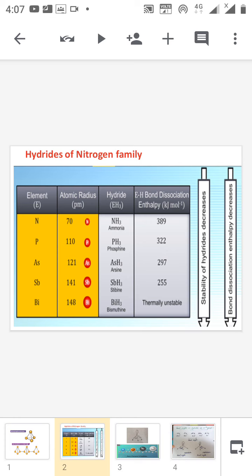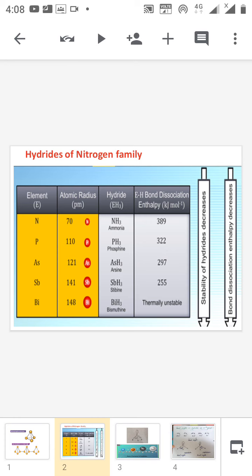As we come down, the size of the atom increases, so the effective overlapping of the p orbital and the 1s orbital of hydrogen decreases. The sharing is less, so the hydrogen can be donated readily to the element which is approached. That's why the reducing capacity increases as we move down the group.